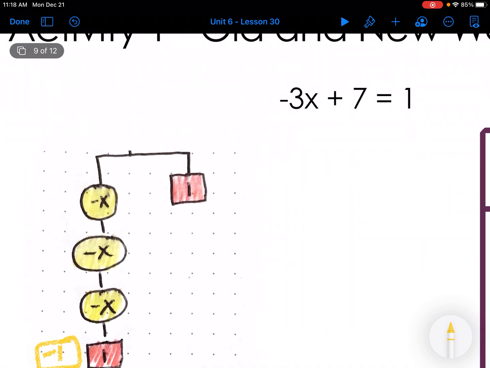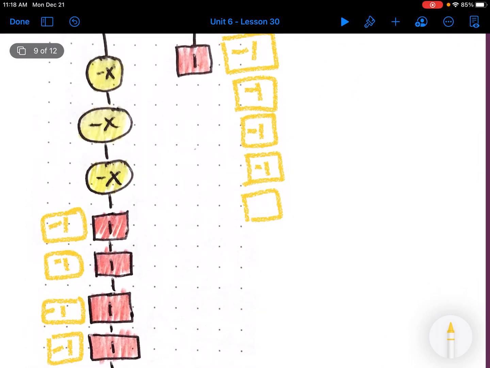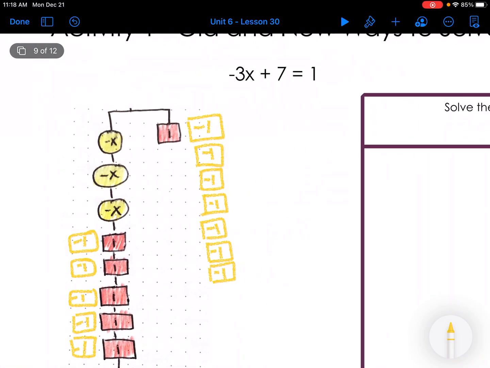So then on the other side, I have to put 7 negatives. 1, 2, 3, 4, 5, 6, 7. Okay, so now I'm going to zero out.